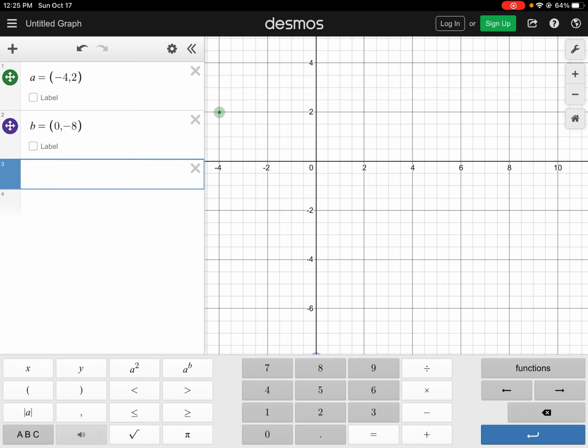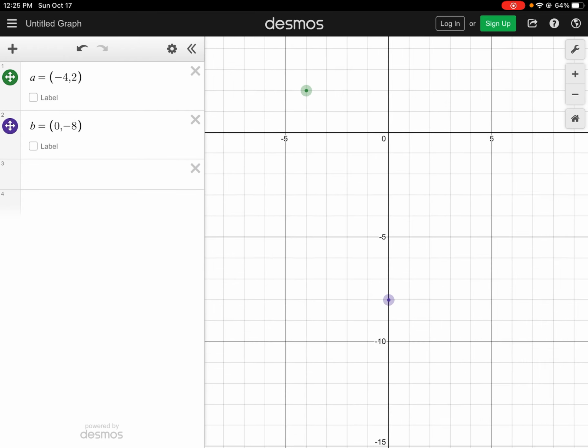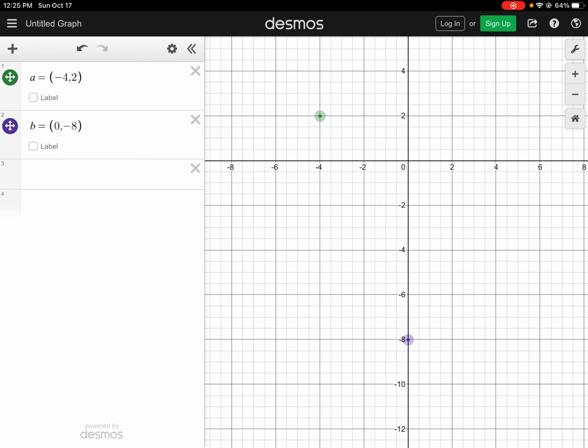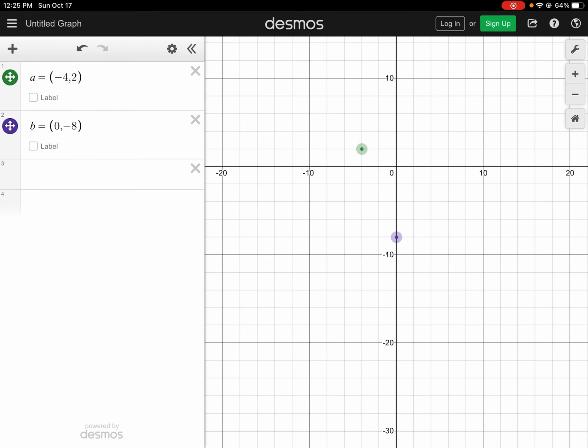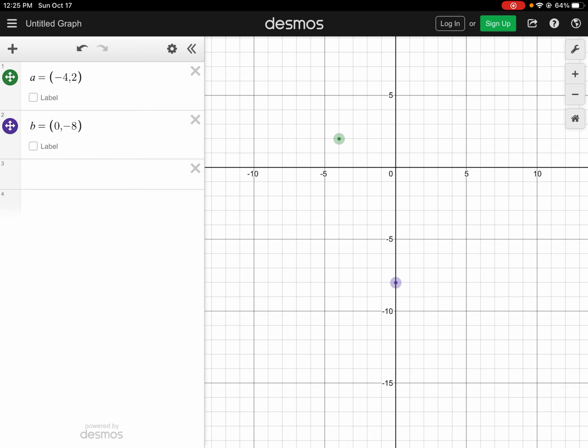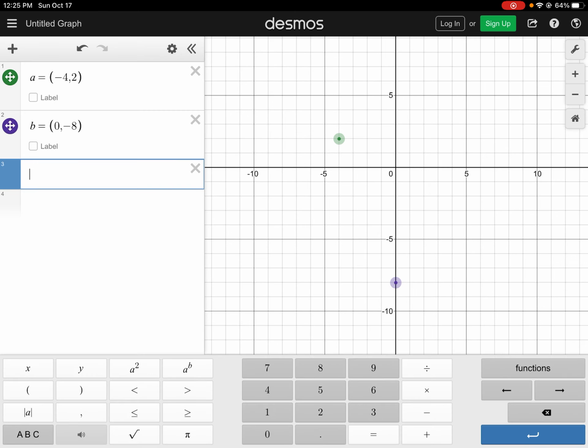All right, so again, type them in as 2 points. I used A and B. You can use any 2 letters except X and Y. Get a visual just to make sure that you got both points in Desmos. Okay, you might have to zoom in or zoom out. And there are my 2 points. I can see them.